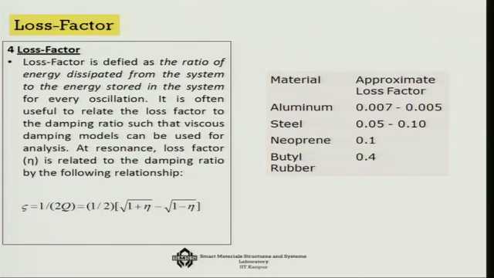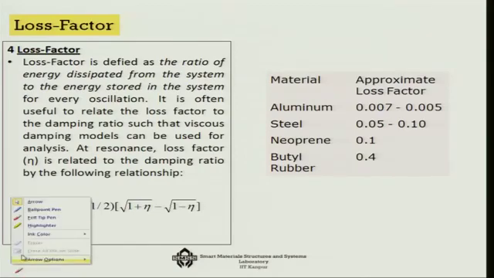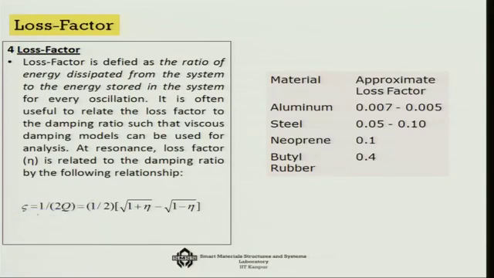The loss factor is defined as the ratio of the energy dissipated from the system to the energy stored in the system for every oscillation. So, if you consider an underdamped situation, and with respect to time you plot the response, then the response is in a cyclic manner. However, the amplitude is coming down gradually.